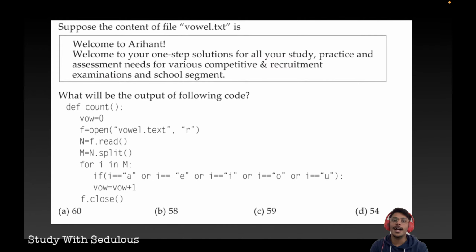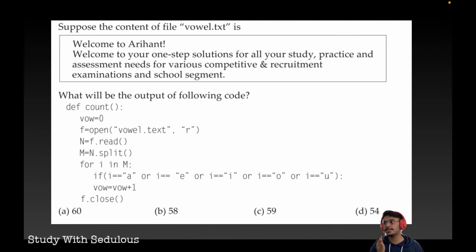Here we have to count the number of vowels. How does this program work out? First, we are giving a variable n which is reading the complete file, and file f we are opening with vowel.txt, and we are reading f, and then m is a variable which splits n. What is split? Split by default is by space.